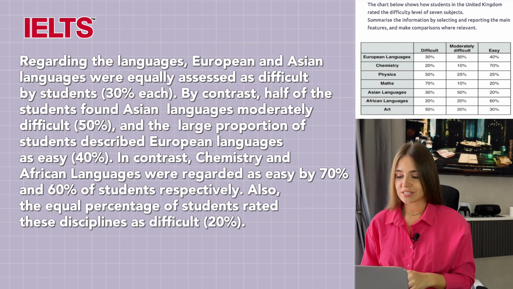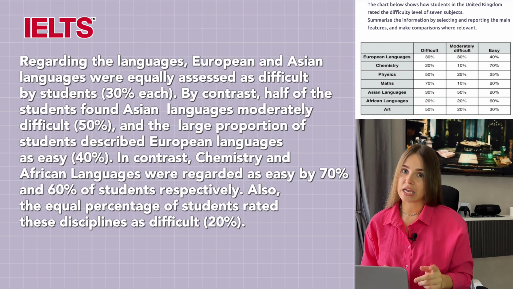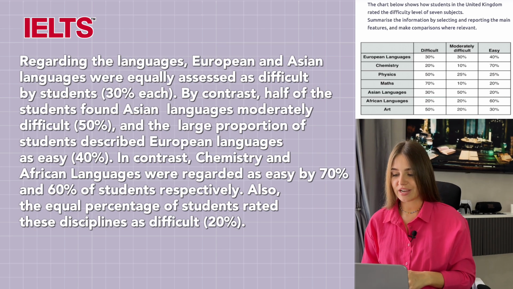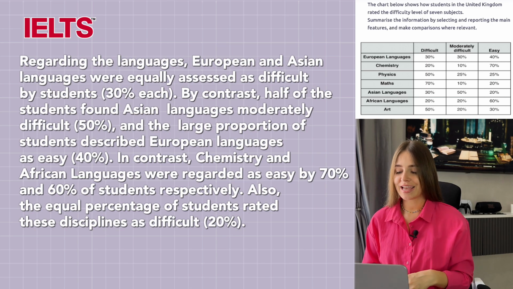Half of the students found Asian languages moderately difficult, 50%, and a large proportion of students described European languages as easy, 40%. Here I compared Asian languages and European languages. In contrast, chemistry and African languages were regarded as easy by 70% and 60% of students respectively.